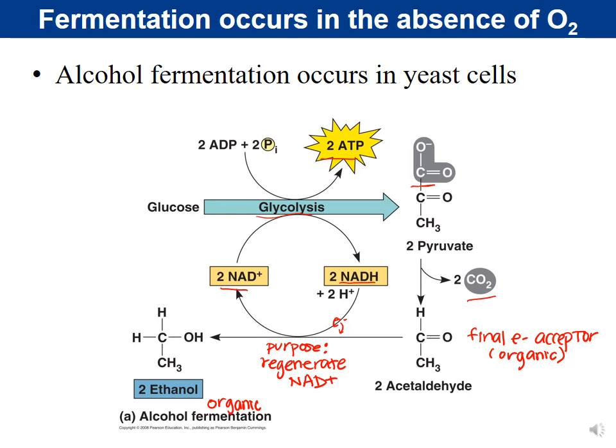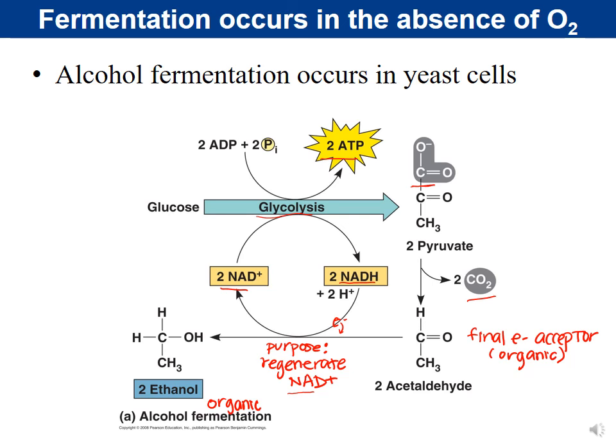So we end up with an organic product and we have an organic final electron acceptor. And so this is what fermentation looks like. There's no electron transport chain. That's why it's not called respiration. And the purpose is that we need to regenerate the NAD+.